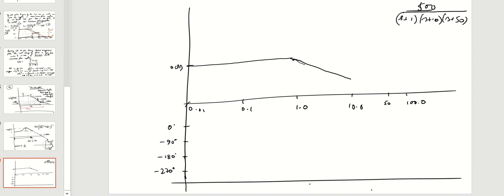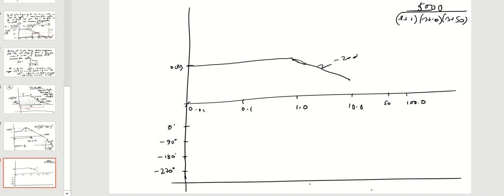So at 1 it starts descending like this, then at 10 it goes like this. So let me make this 5000 then. This is how it goes down.